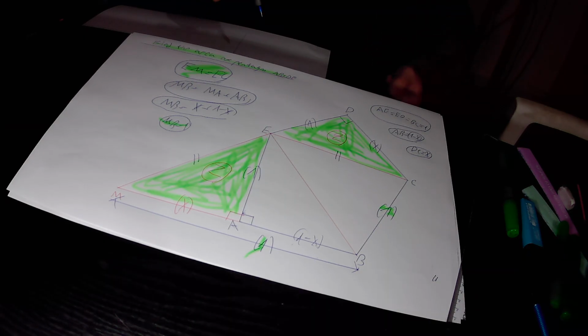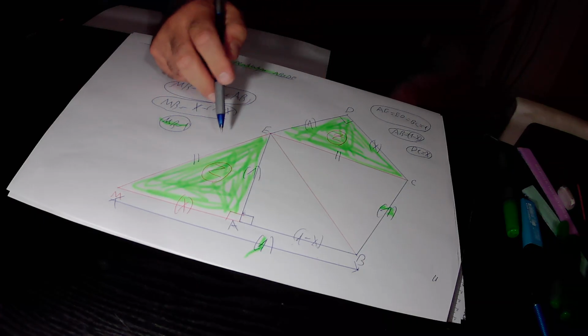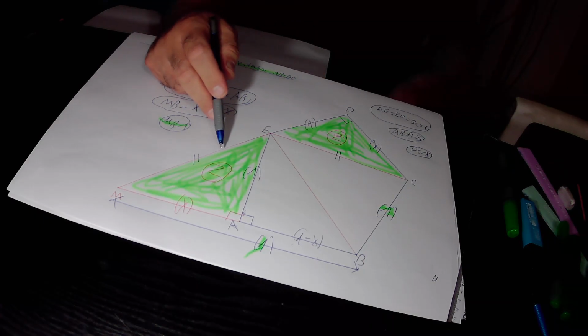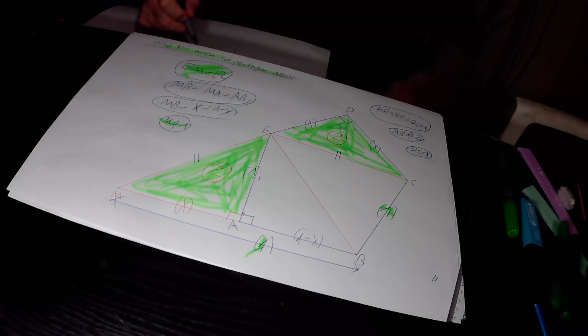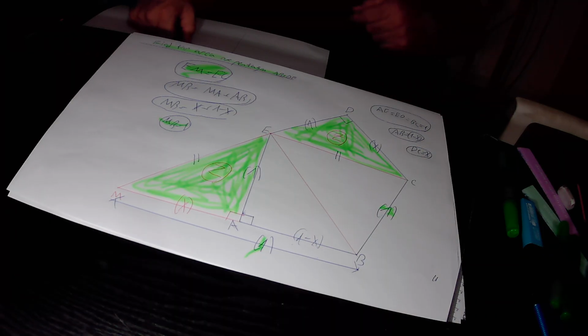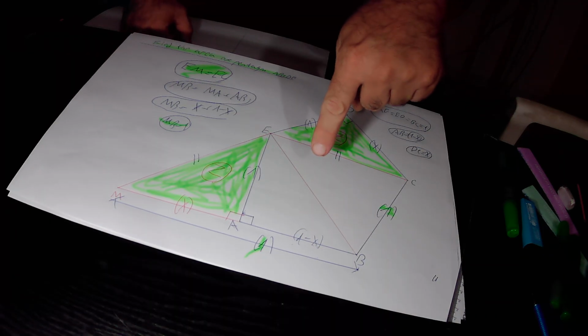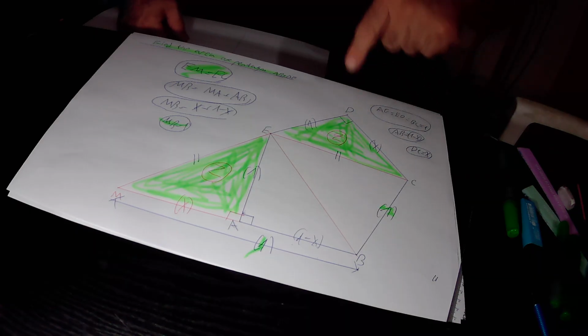The big quadrilateral EMBC consists of this white triangle EMB, and it also consists of this quadrilateral ABCE.